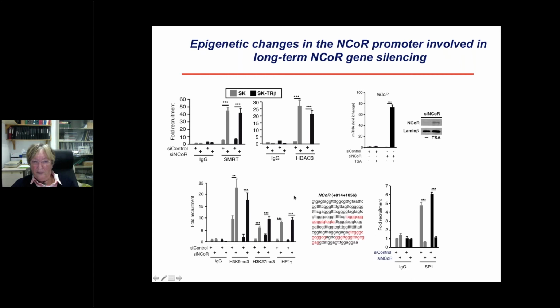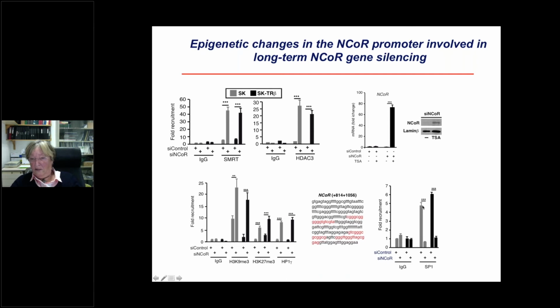And this heterochromatinization could lead to the depletion of transcription factors that bind to the promoter regions, and that could be important for transcriptional stimulation of the gene. Indeed, in the NCOR promoter fragment that we have been analyzing, there are 3 binding sites for the transcription factor SP1, that you know is very important for basal expression of many genes, including the NCOR gene.